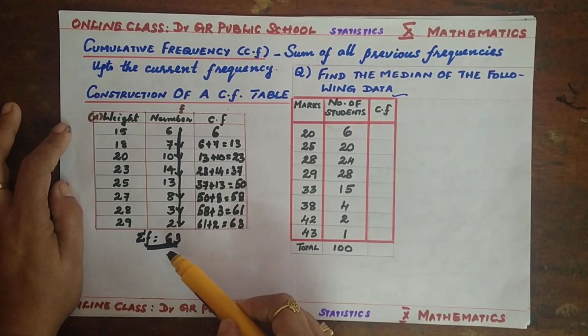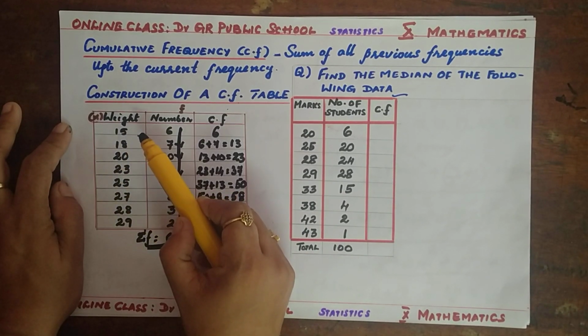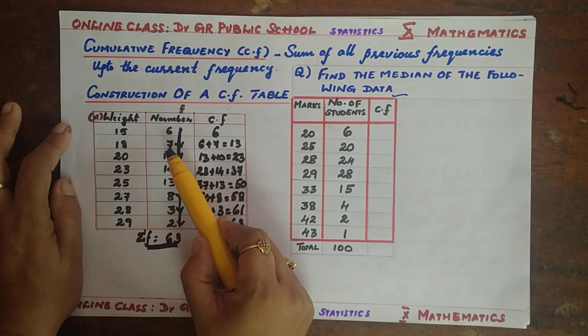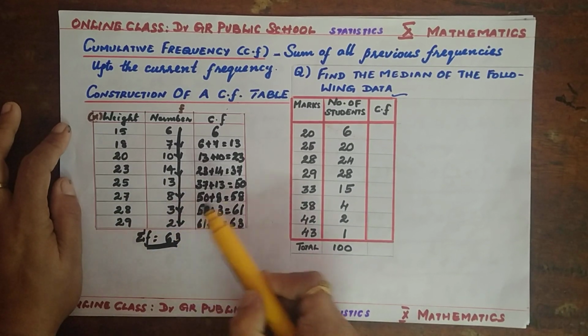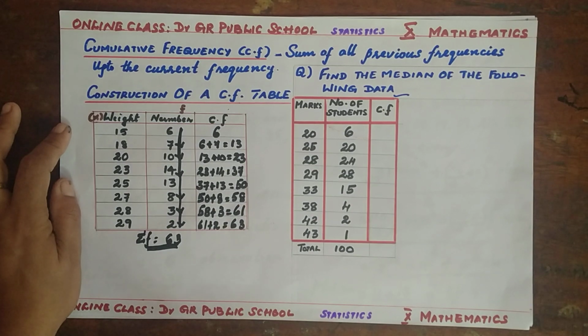Total 63 observations are here. That means 15, 15, 15, in this way 6 times you need to write, 18 7 times, 28 3 times, 29 2 times, and arranging you can see that 63 observations will be here.